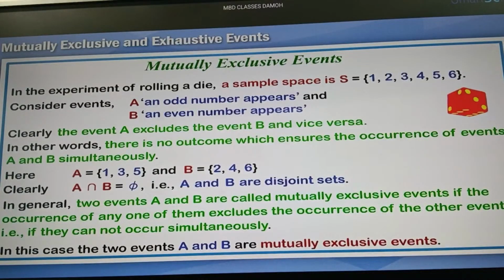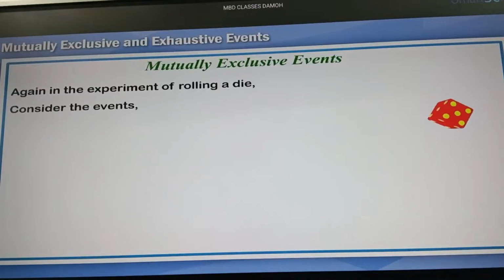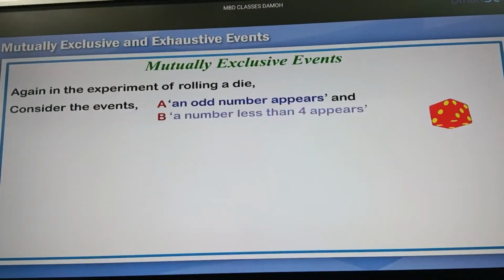Again, in the experiment of rolling a die, consider the events. Event A, when an odd number appears, and event B, when a number less than 4 appears. Obviously, event A is equal to {1, 3, 5}, and event B is equal to {1, 2, 3}.